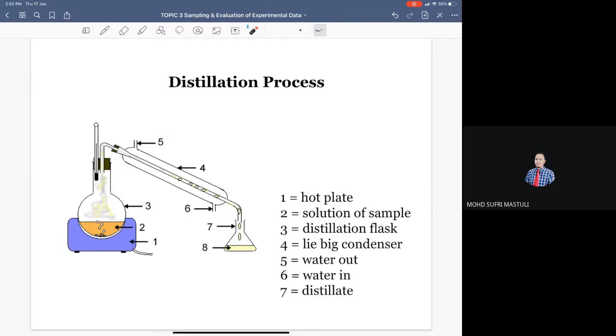So when we heat the sample with the interference and the analytes in a mixture, the analyte will be vaporized, go through the condenser tube, and condense in the new vessel as the distillate. So this will proceed with the analysis. Okay.